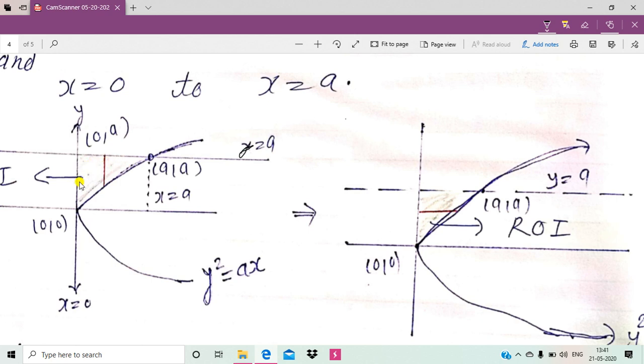This triangular type region is the region of integration, which is bounded by four limits. Which four limits? y is equal to root ax to y is equal to a, and from x is equal to 0 up to x is equal to a. So this area is bounded by four limits, therefore this will be the region of integration.